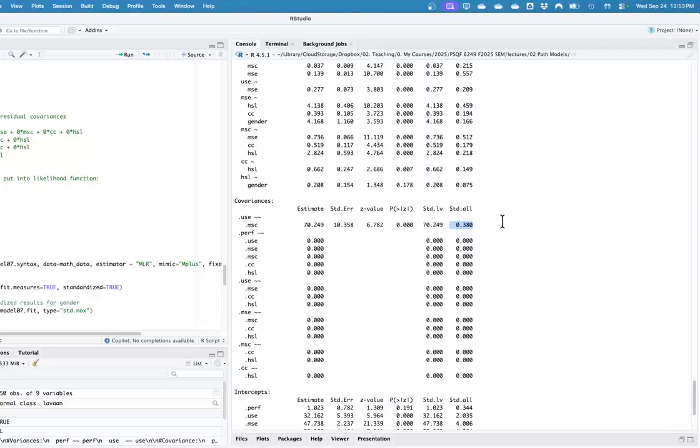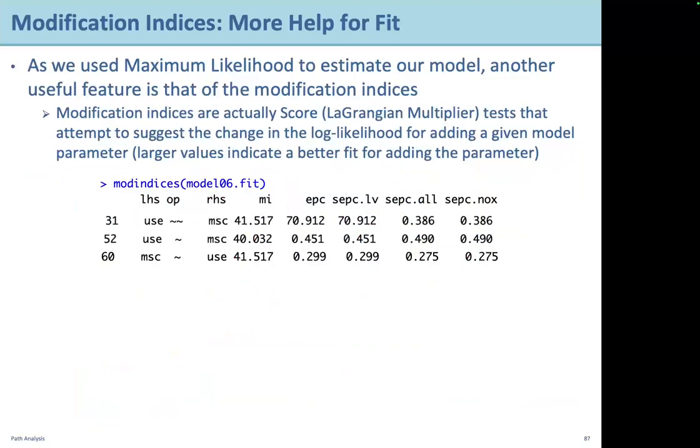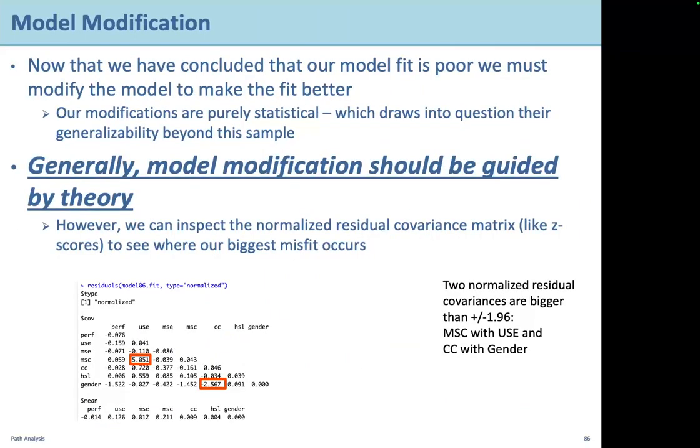No, I like to guide my version of that by looking at the residual covariance itself, right? So here, I start and say, which one of these is big enough to worry about? These are like z-scores. Which one is at least 3 standard deviations away from 0?